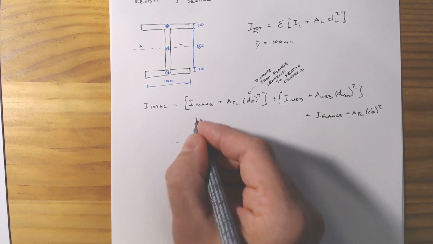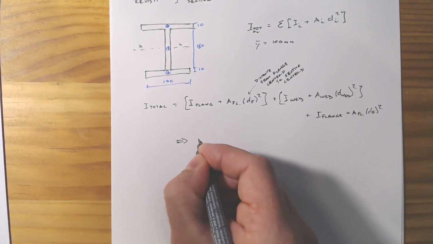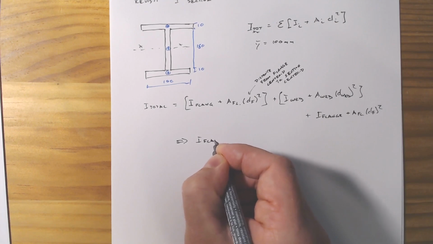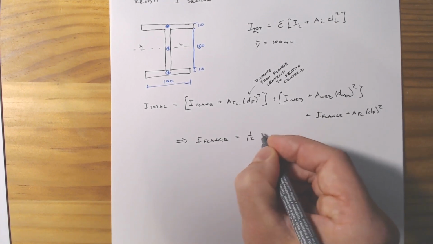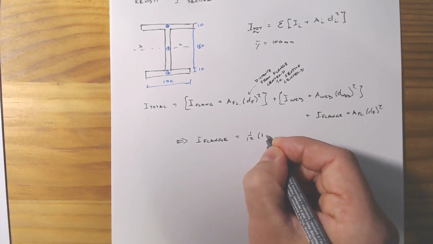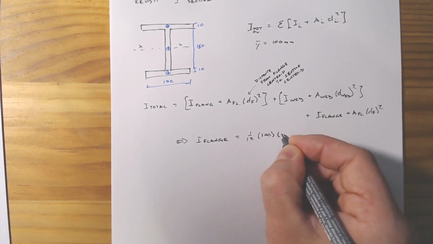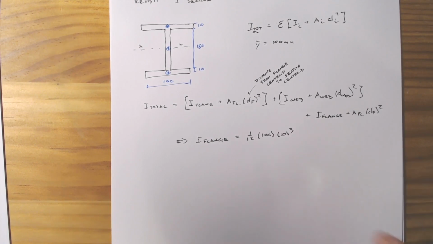So we'd have I flange equals 1 over 12 times 100 times 10 to the third.